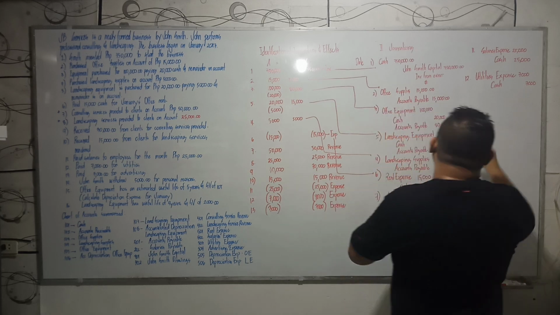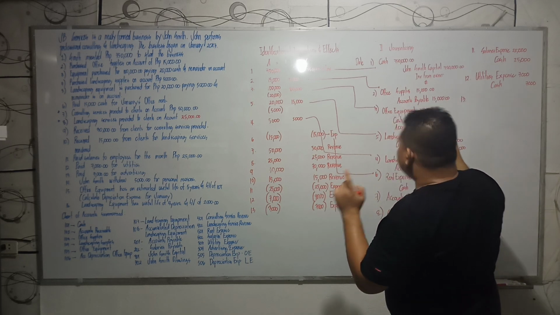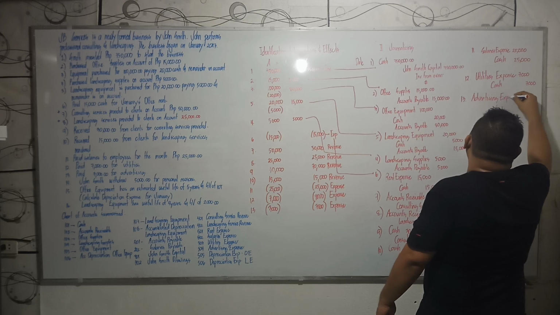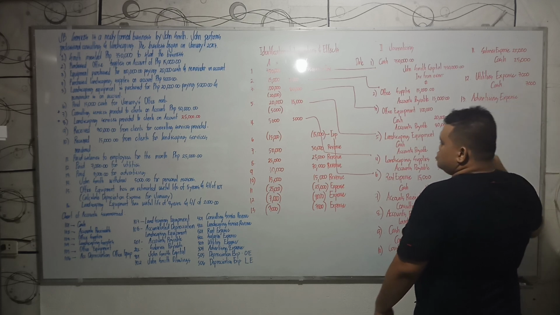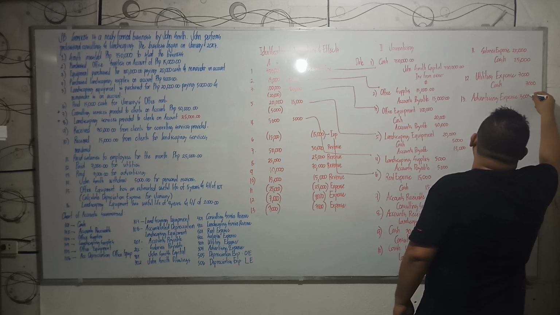So the entries for number 13 is actually just advertising expense, worth 3,000, and then credit cash, 3,000.